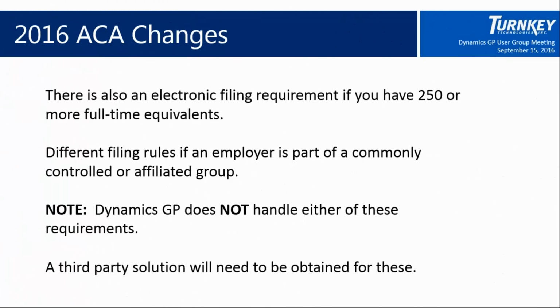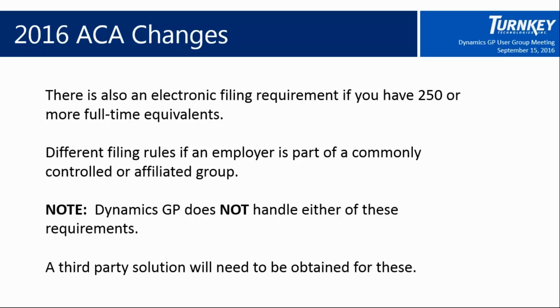Now, also, the filing requirement is 50 for paper, up to 250. If you have more than 250, you must file electronically. Also, if you are part of a commonly controlled or affiliated group, you must file electronically.